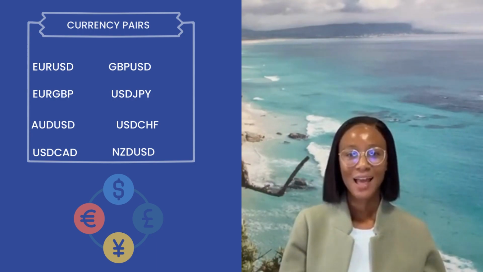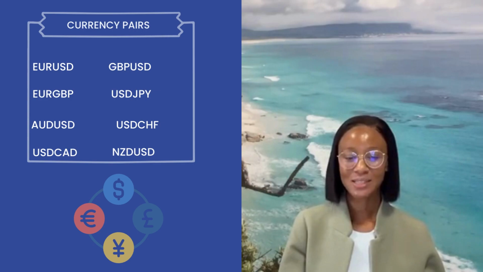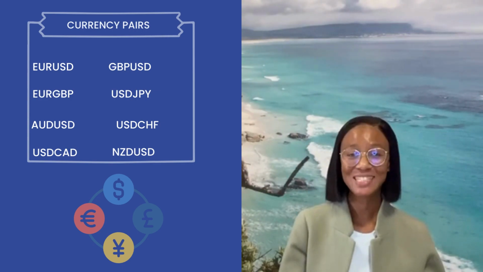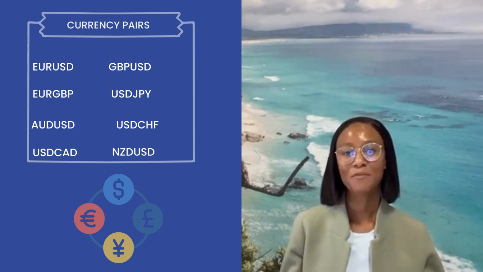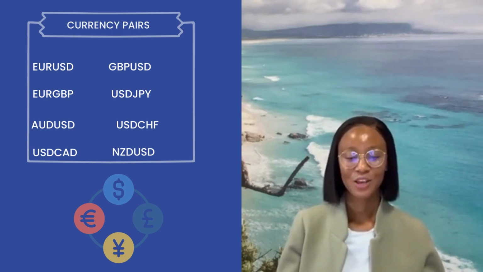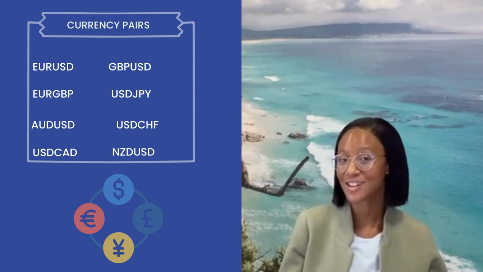The first one, in no particular order, is you get the Euro USD, GBP USD, USD JPY, AUD USD, USD CHF, USD CAD, NZD USD, and Euro GBP. So those are some of the major currency pairs you can consider looking into when you are looking at trading.